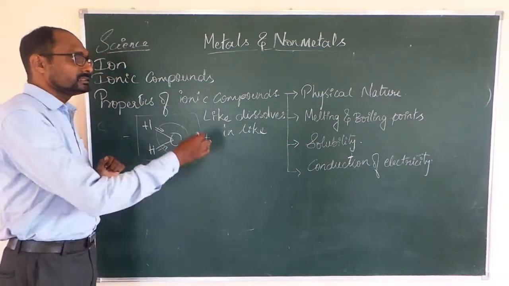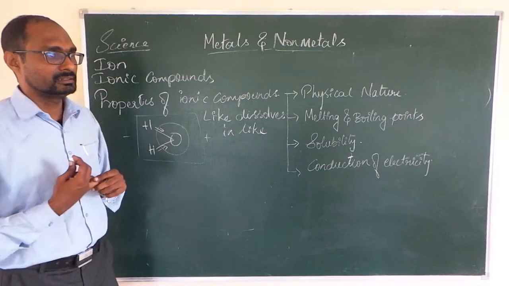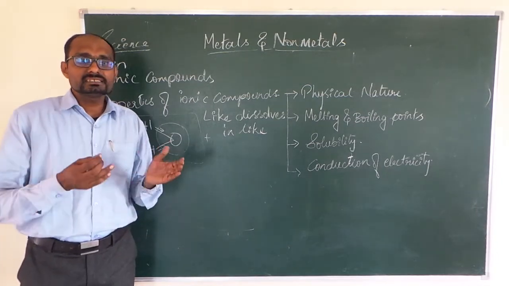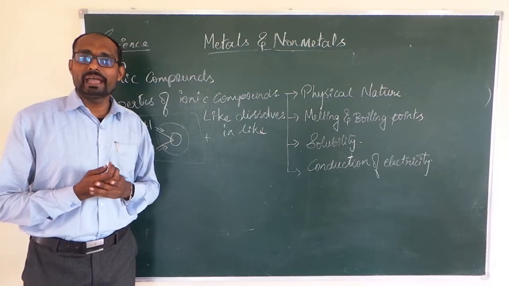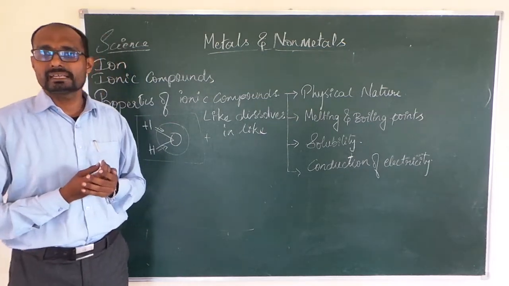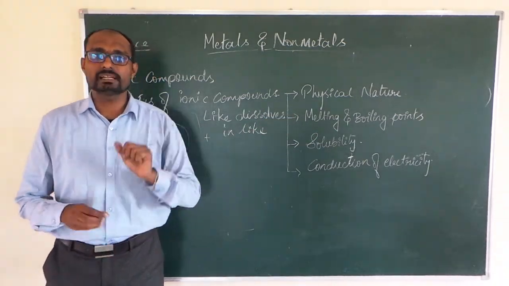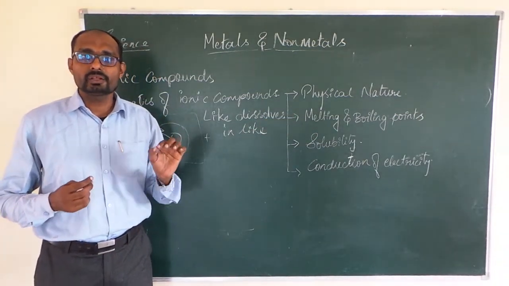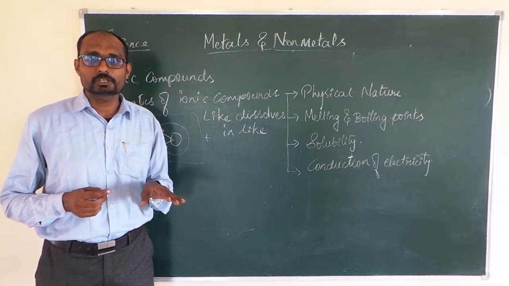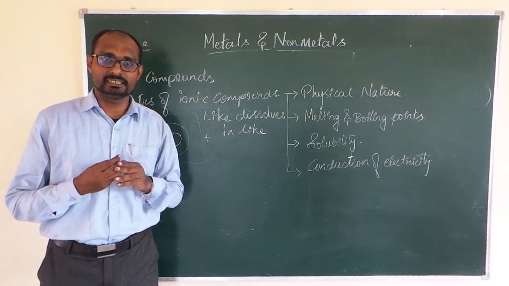Now, look into the conductivity of electricity. As these compounds are made up of ions, immediately we will be jumping to the conclusion that these will be very good conductors of electricity, which is a blunder. No ionic compound is a good conductor of electricity as long as it is in its solid state.